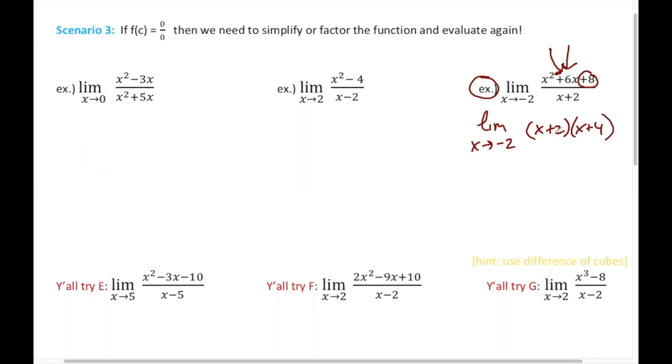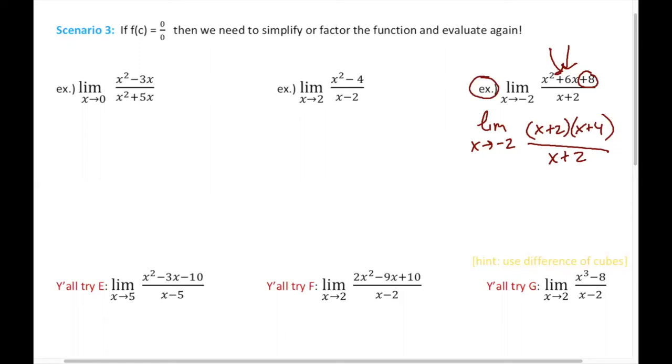Let me check it. x times x is x squared. The outside of the FOIL, 4 times x, and the inside, 2 times x: 4x and 2x is my 6x. And last, 2 times 4 is 8. Okay, that works. That's factoring the trinomial, all over the denominator of x plus 2.